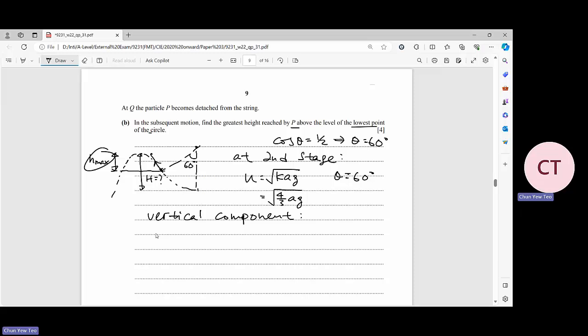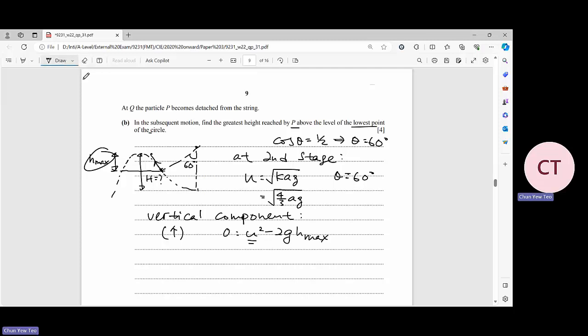So if you consider the vertical component of the projectile motion, then you have v squared equal to u squared plus 2gh. But over here it is minus 2gh. You are going for maximum height. When you reach the maximum height, your v will be 0.